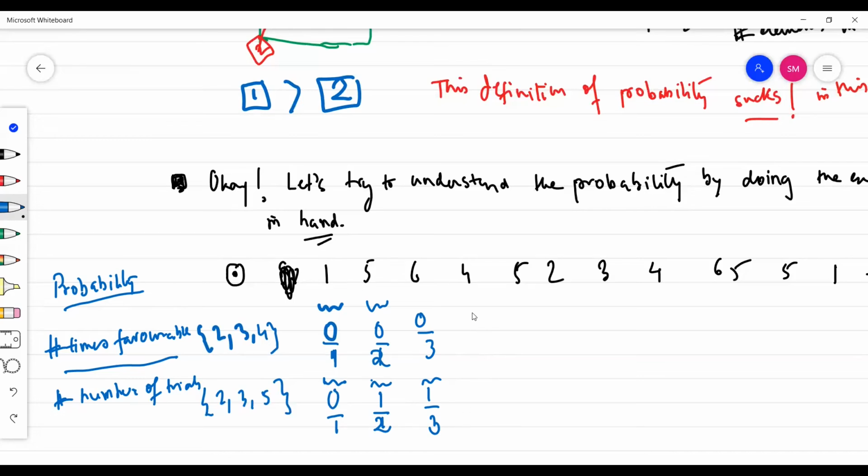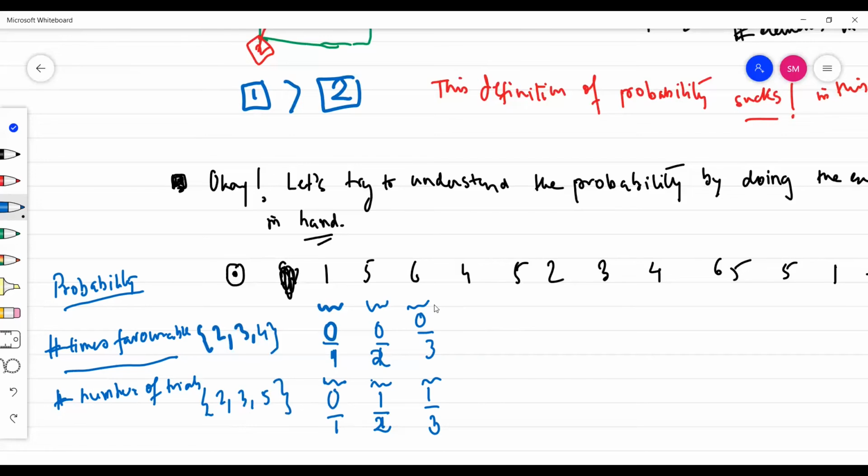Yeah, that is what I'm asking. How has 1 come? Because till this point of time, only one time it has been in this set. We are counting the number of times it is favorable. You understand? No. This is where I got stuck.